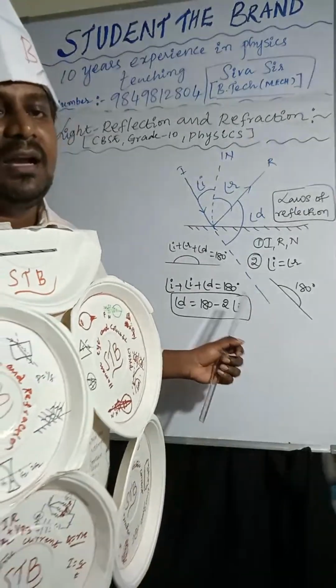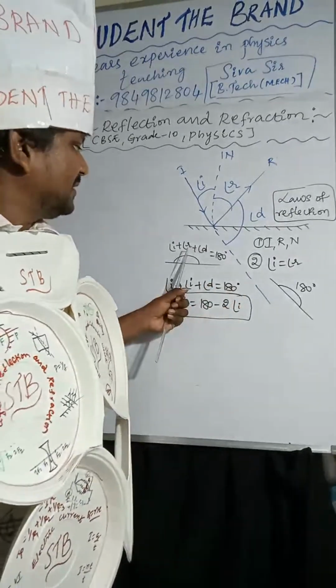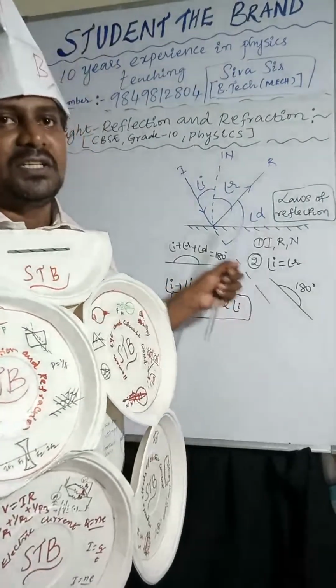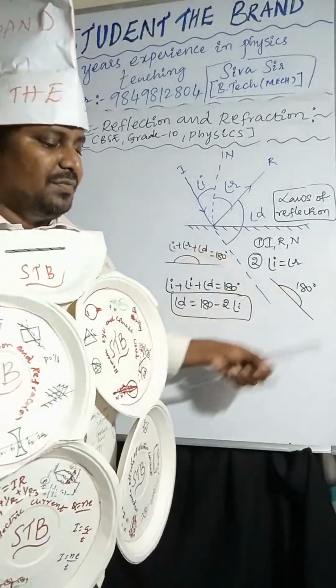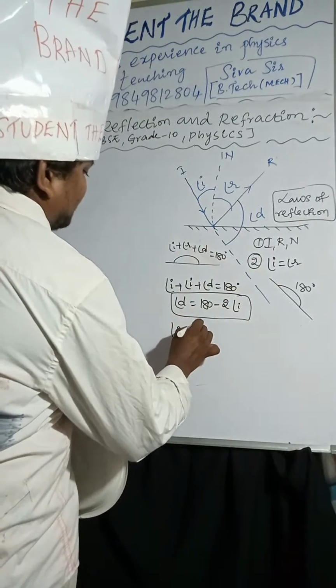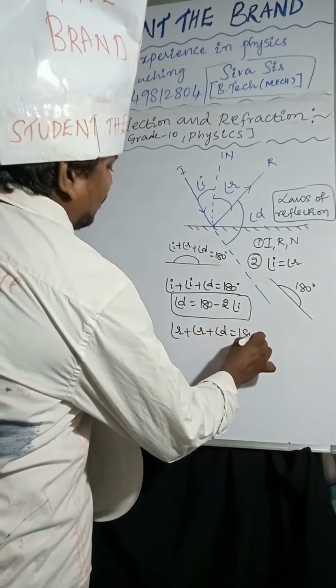Similarly, if in the place of the angle of incidence I substitute the angle of reflection, the formula becomes angle of reflection plus angle of reflection plus angle of deviation equals 180 degrees.